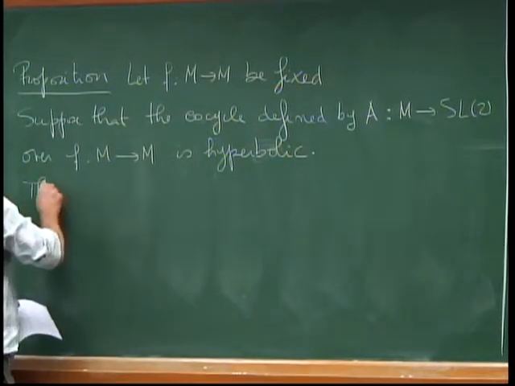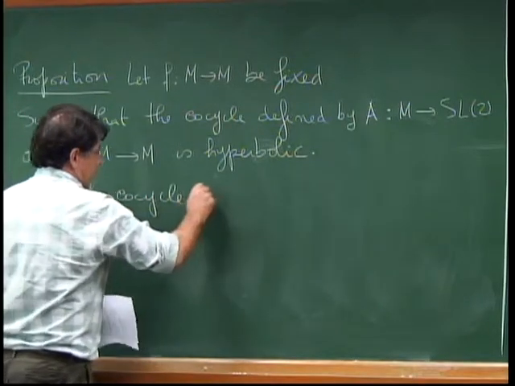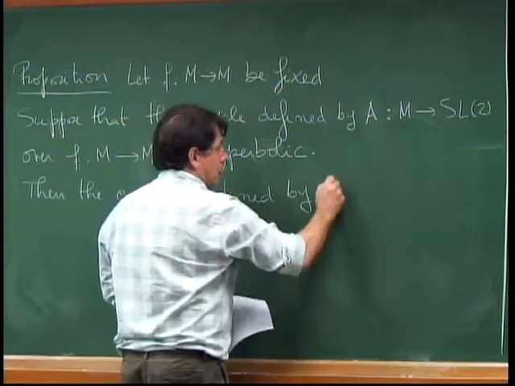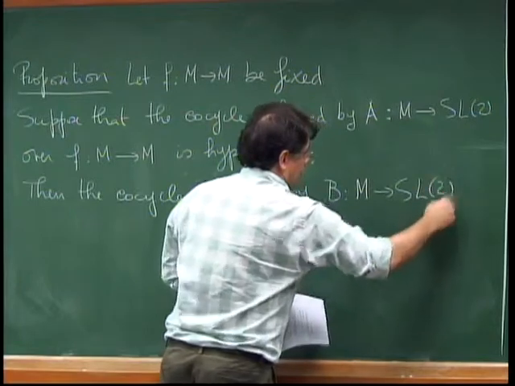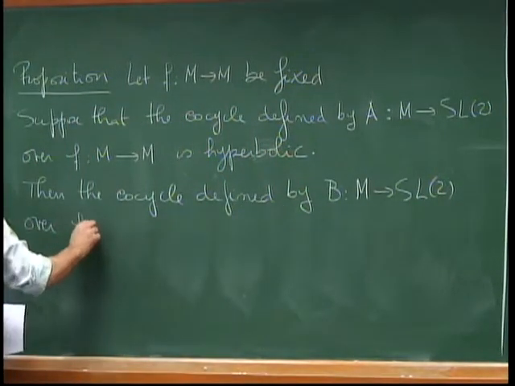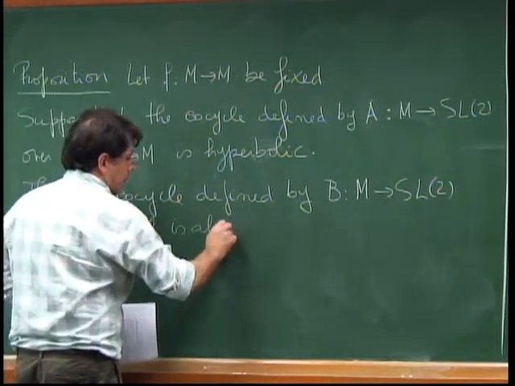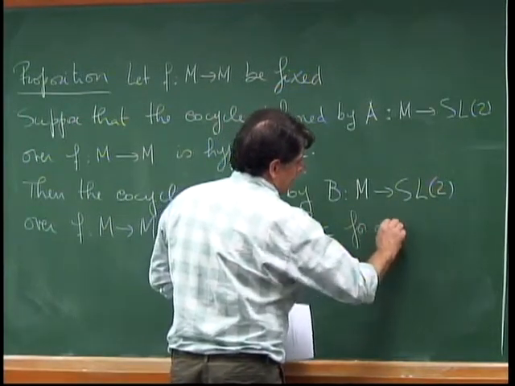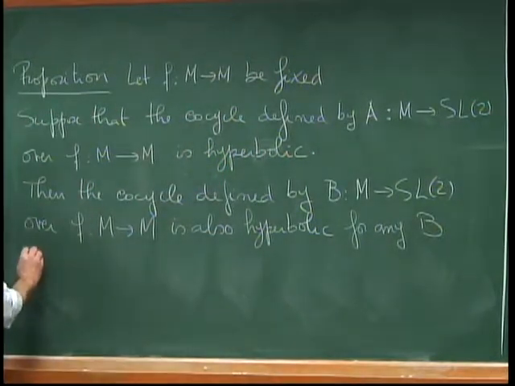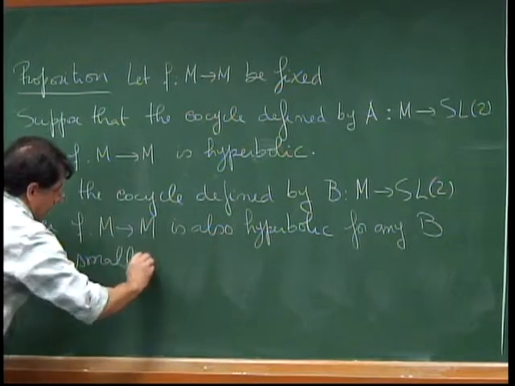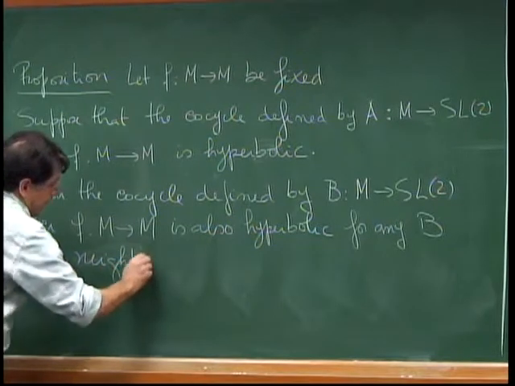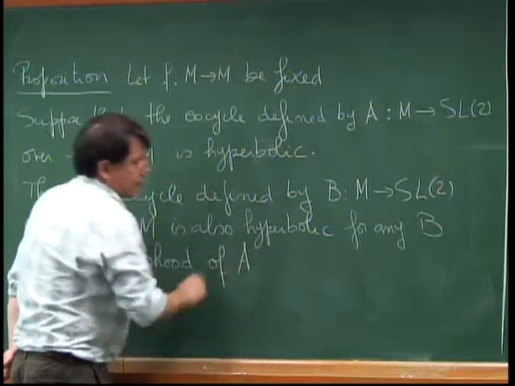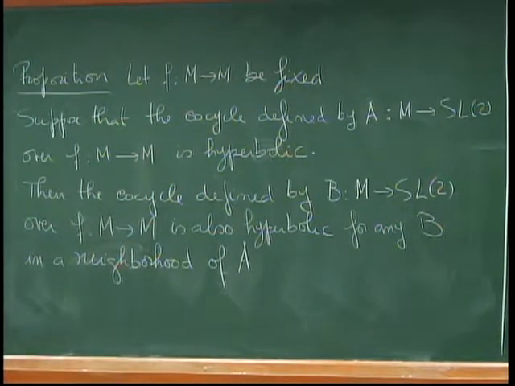Then the cocycle defined by B over F is also hyperbolic, for any B in a small neighborhood of A. So being hyperbolic, I mean uniformly hyperbolic, yeah.